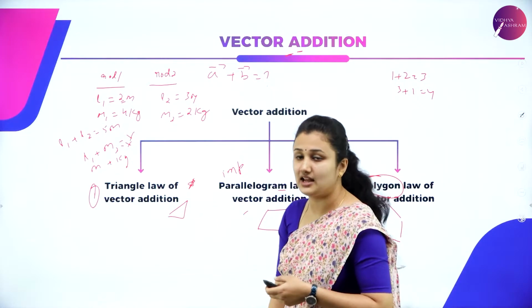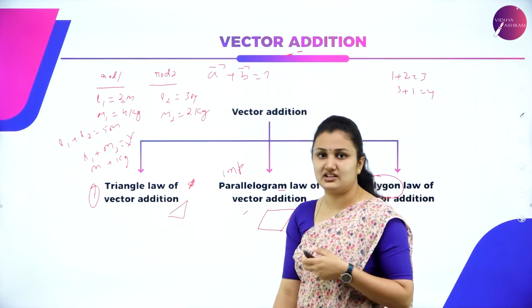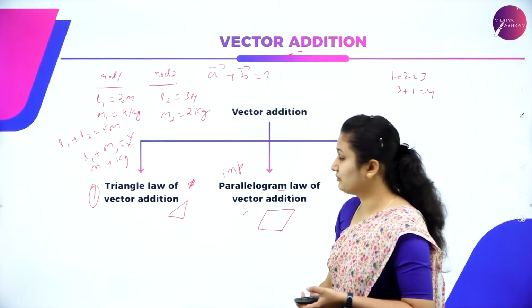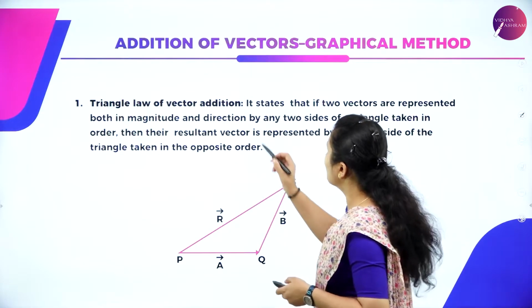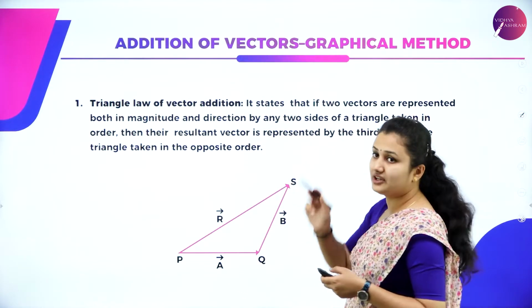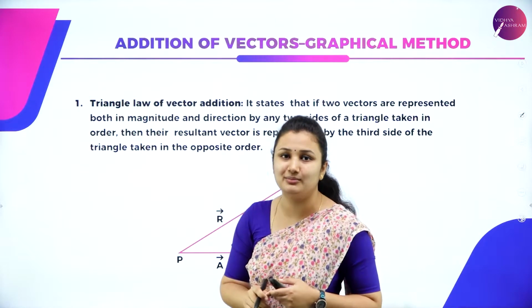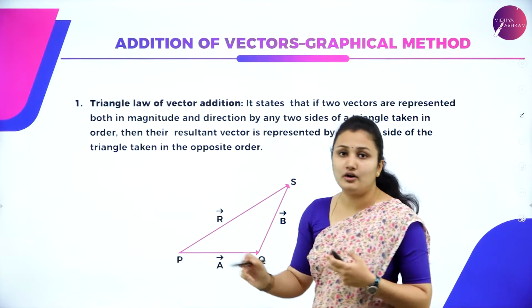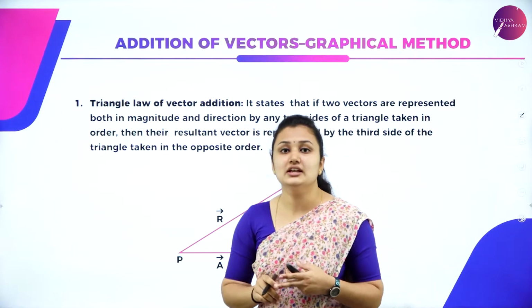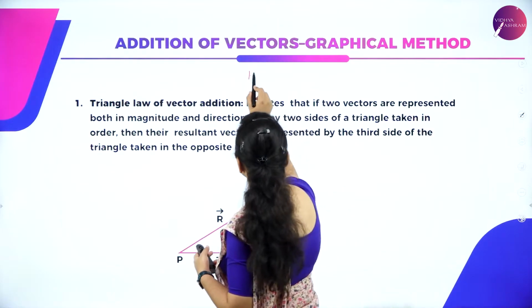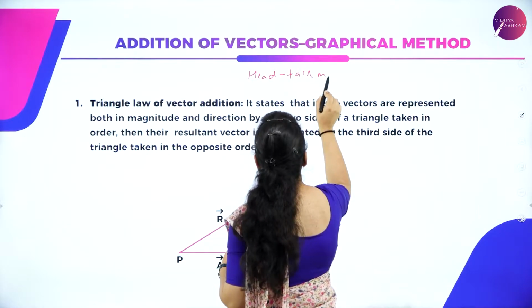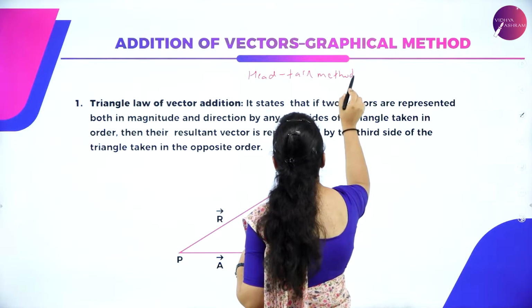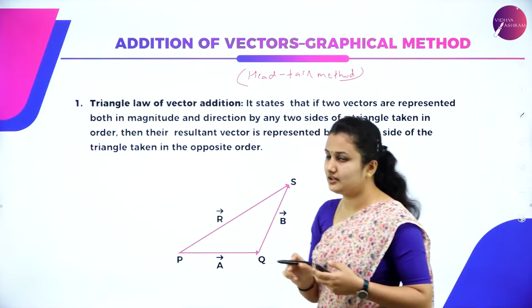Let us try to understand what the triangle law of vector addition tells. How do we perform the triangle law of vector addition? Addition of vectors, graphical method. This is also called graphical method or triangle law of vector addition. It is also called head to tail method. So don't get confused.